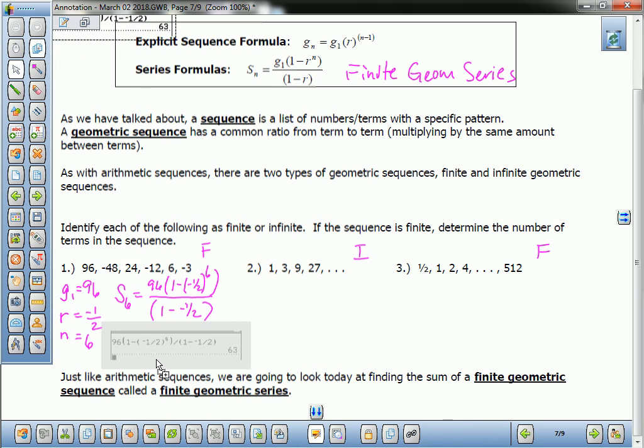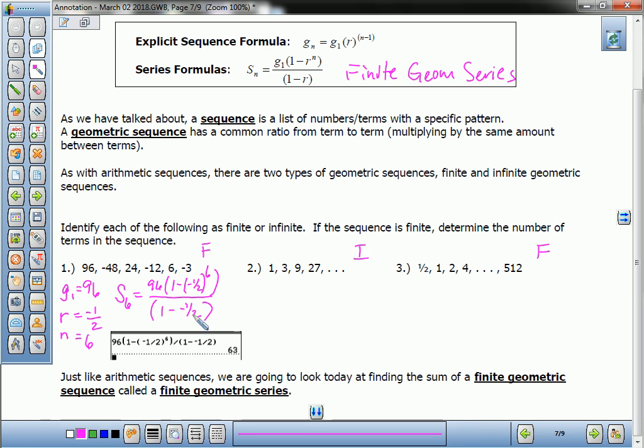All right, so there it is. So this sum is 63. So you probably want to come back in here and enter this set of parentheses. That set of parentheses is really important. I'll make sure I put that set of parentheses on the test.